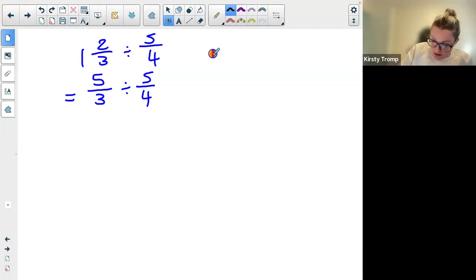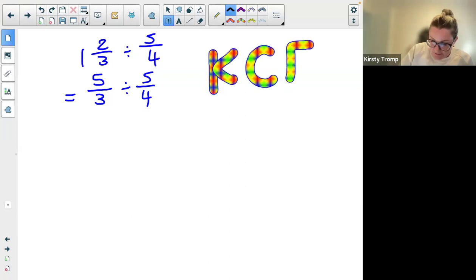I'm going to write it on the screen. KCF. So it's the fancy thing for inverse, but KCF. You heard KCF before? Some people say nope, some people got a thumbs up. All right, for those of you who haven't heard of it before, let's have a look at what it means.